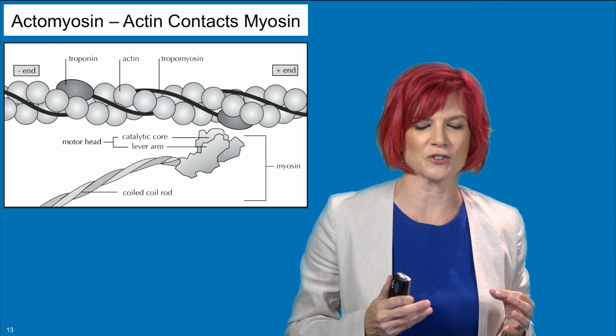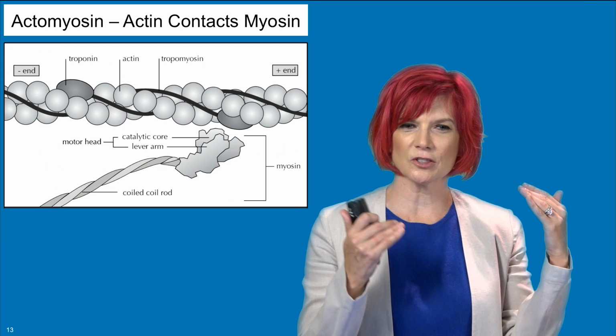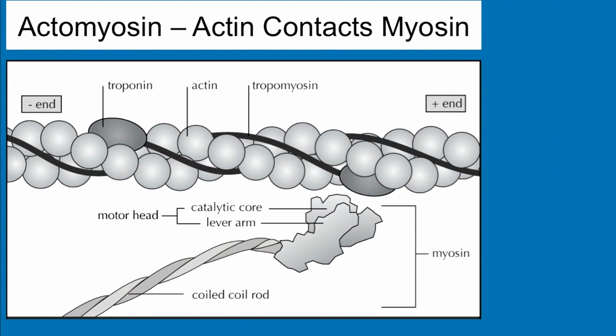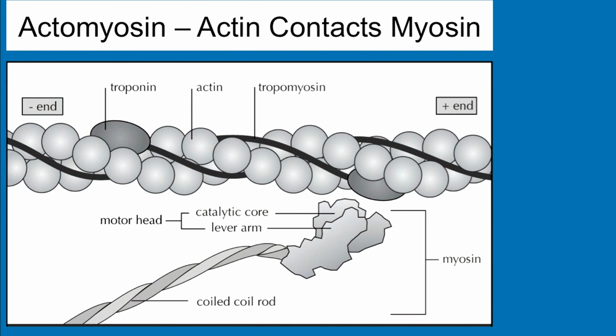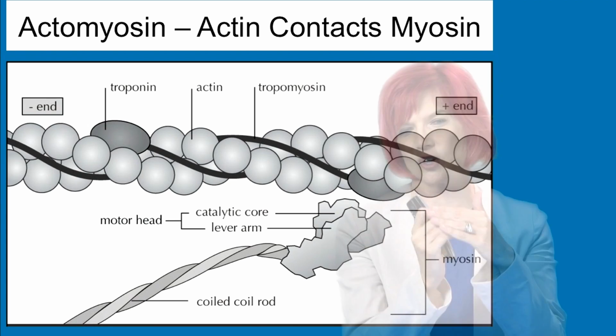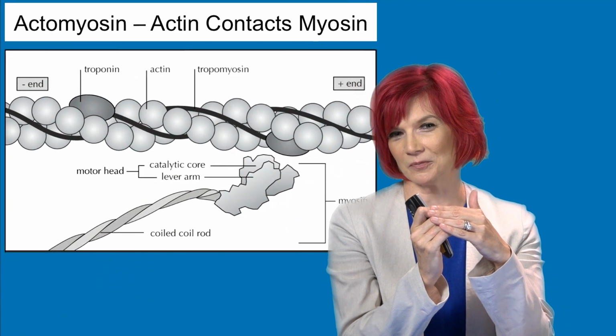So that structure is shown here. So we've looked at the structure of the thin filament, which is shown in the upper portion of the diagram. We've looked at the structure of myosin, which is shown on the lower portion of the diagram. And it's the interaction between the two, or the physical contact between the two, that drives skeletal muscle contraction. And that's shown for you here.